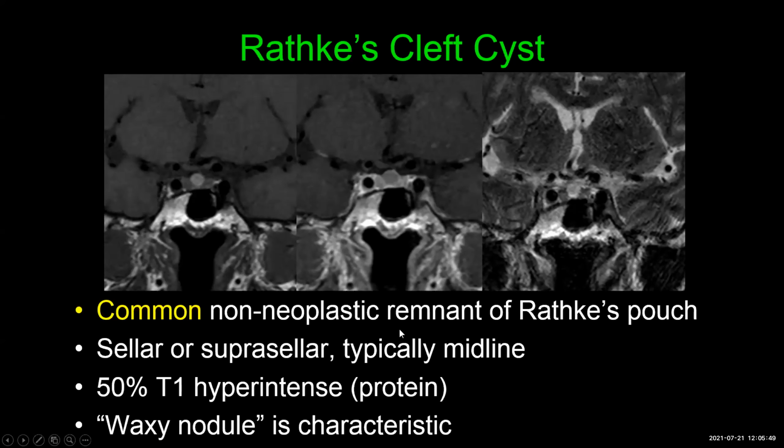So these are typically little cysts, and they occur in the midline portion, either in the gland itself or sometimes in the suprasellar cistern. And because they are cysts and contain no solid material, they don't enhance, but they can have unusual signal characteristics.